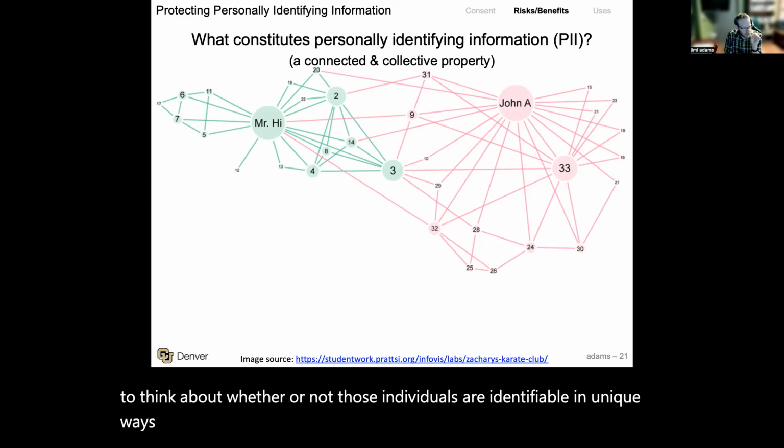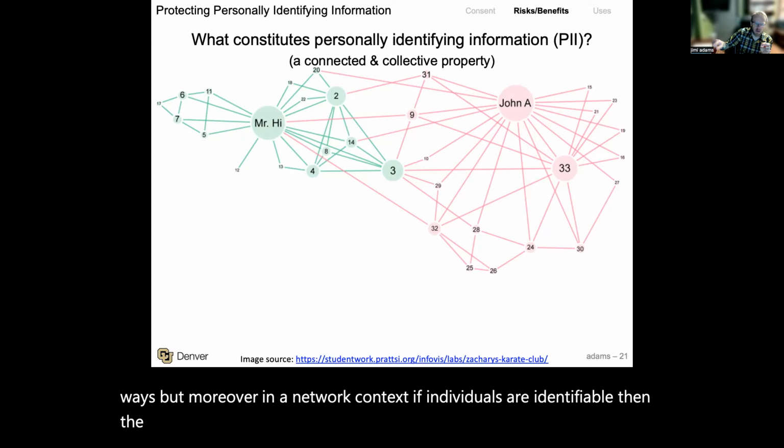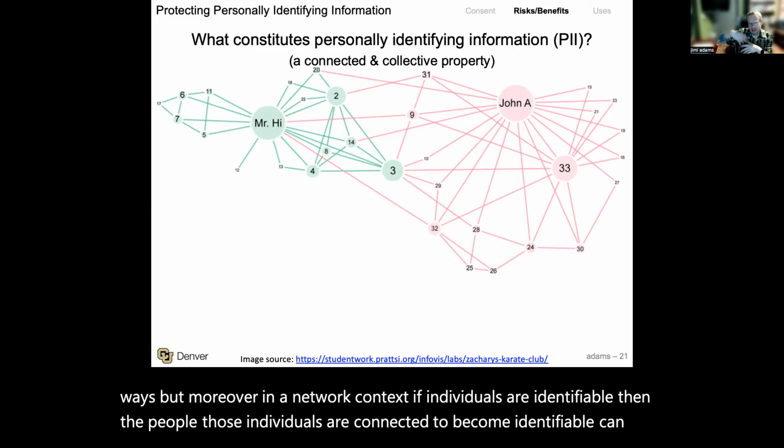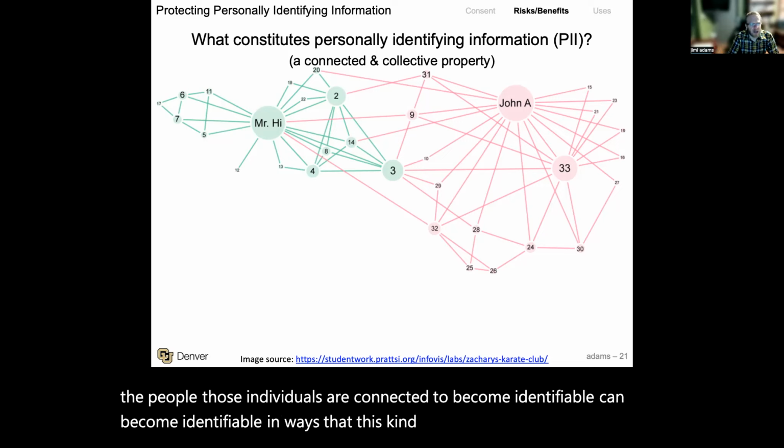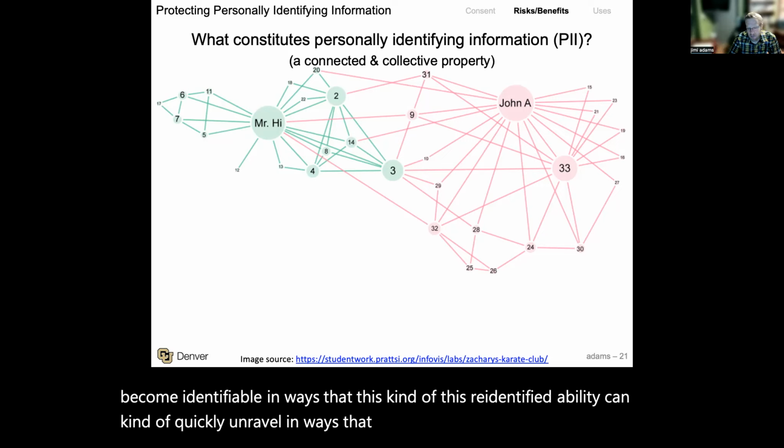But moreover, in a network context, if individuals are identifiable, then the people those individuals are connected to can become identifiable, and this re-identifiability can quickly unravel in ways that are not always immediately apparent.